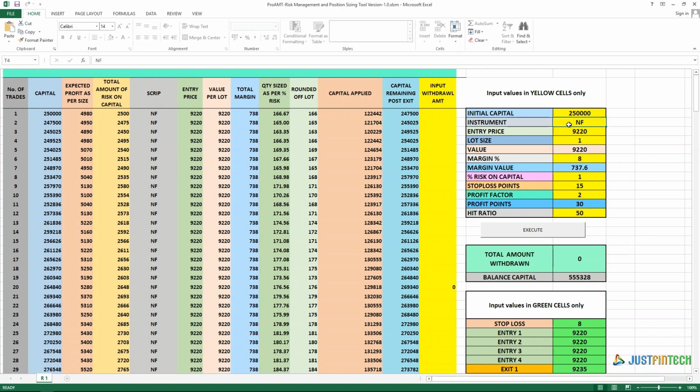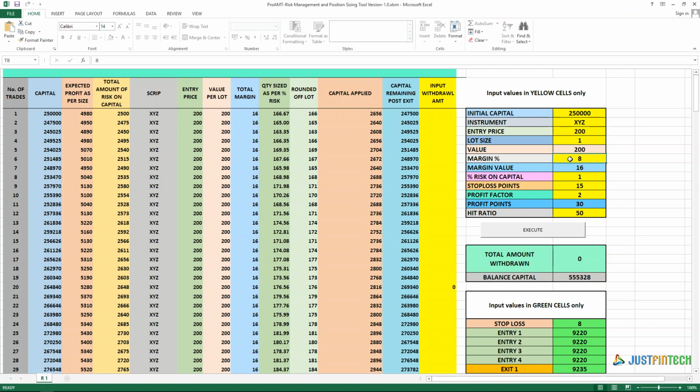Let's say somebody wants to trade an xyz stock which is priced at 200, and the value is 200, the margin is 100% because you want to invest in it. So for each share you want to buy, you will have to pay 200 rupees.